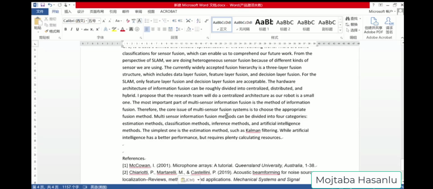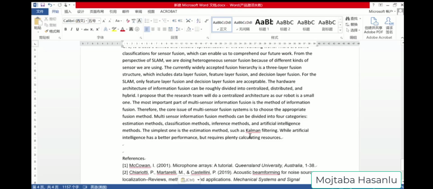There are many algorithms and optimization methods used in SLAM. But for our project today, we are going to use the traditional, most reliable and simplest way in multi-sensor fusion, which can be classified into the estimation methods such as Kalman filtering.